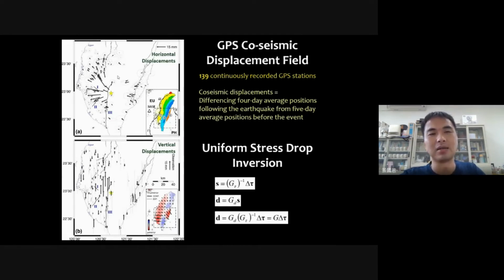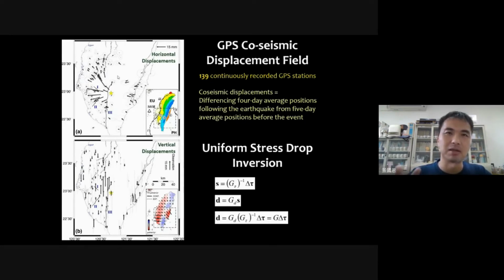Because once we understand the movements of the fault, then we could estimate how much energy was released on the fault during this earthquake. Once again, the idea is that we want to achieve the purpose of earthquake potential estimate or earthquake prediction.